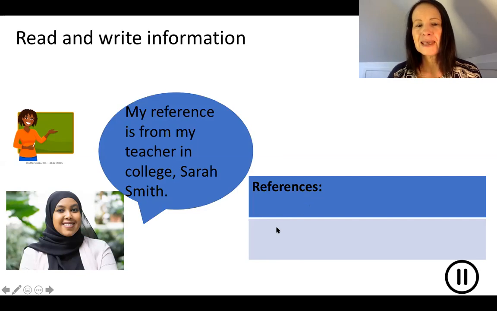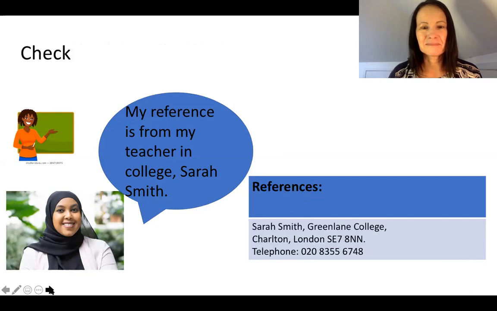So here you have to give the details of the name of this person. And here we have the details. Sarah Smith, Green Lane College, Charlton, London, SE7 8NN. That's her address and the telephone number of her teacher too, Sarah Smith.